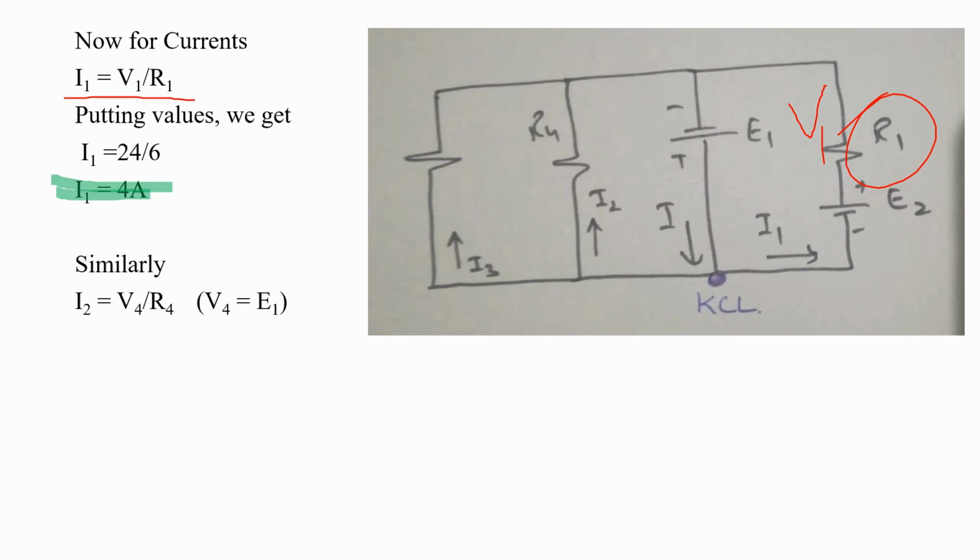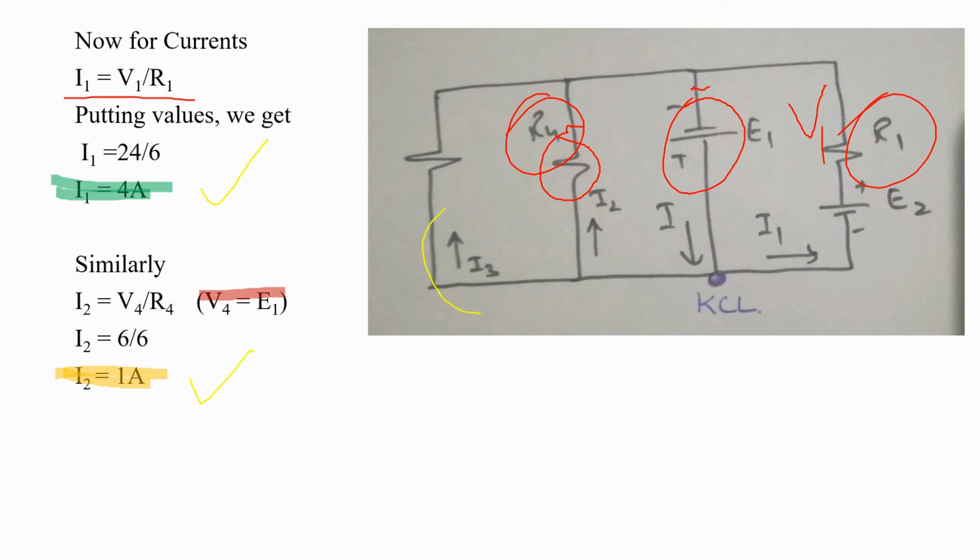R4 is the resistor and V4 is the voltage across that resistor. You can see that R4 is parallel to E1. It means the voltage across R4 is the same as the value of E1. So substituting the values, we get I2 is equal to 6 by 6, which is equal to 1 ampere. So we have the value of I1 and I2.